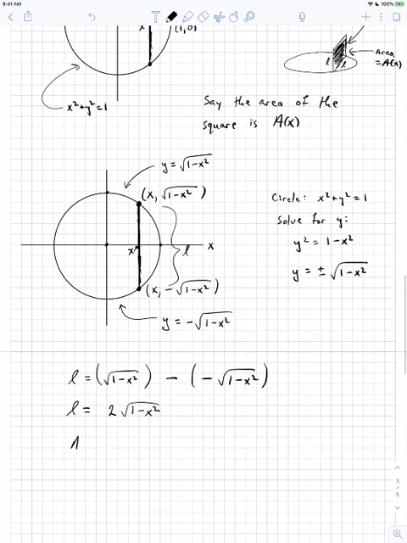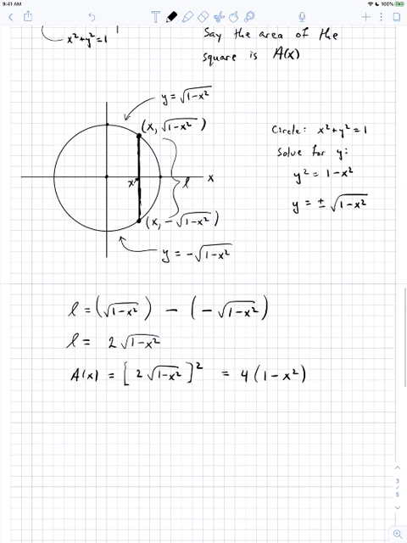The area of the square is going to be 2 times the square root of 1 minus x squared, quantity squared, which is 4 times 1 minus x squared. So that's the area. So if we want to compute the volume, that's going to be V is equal to the integral.